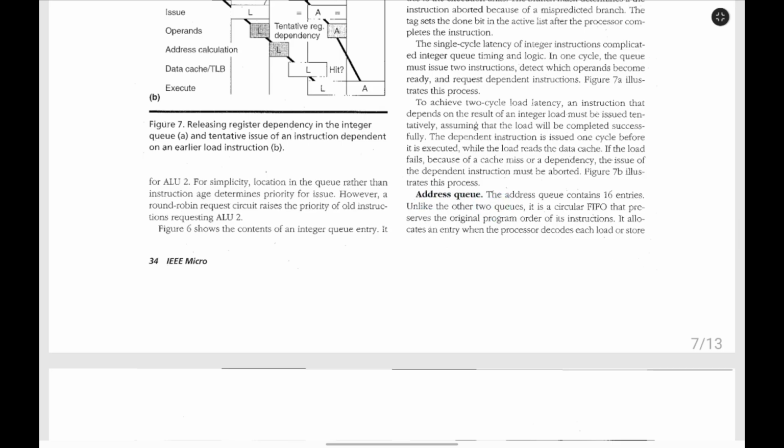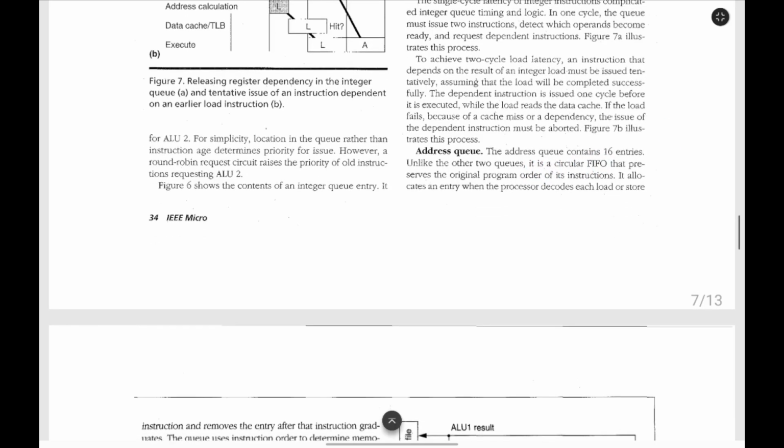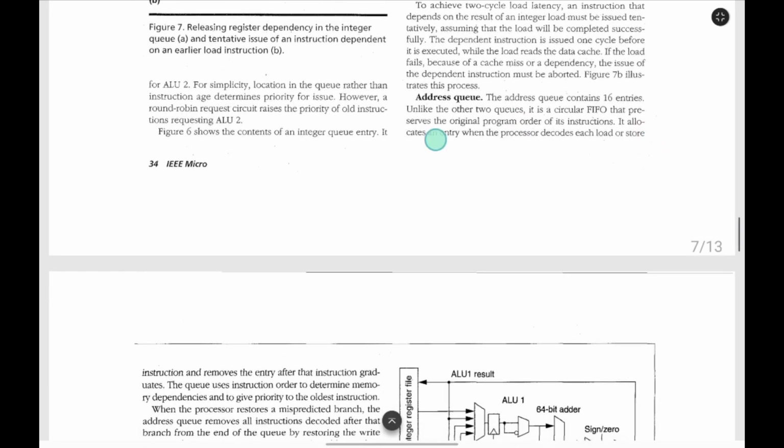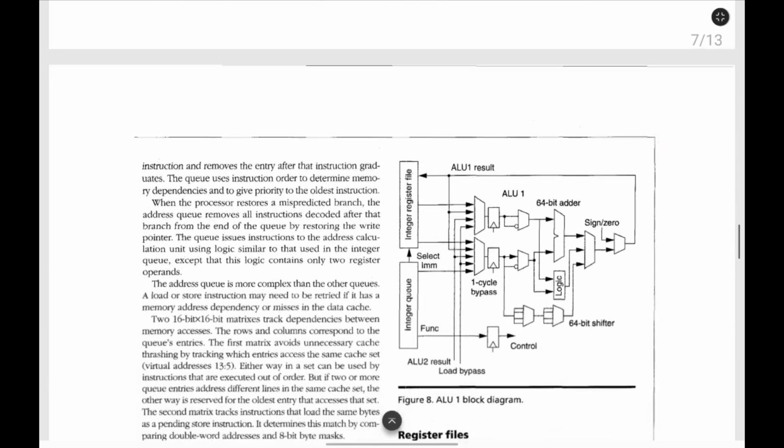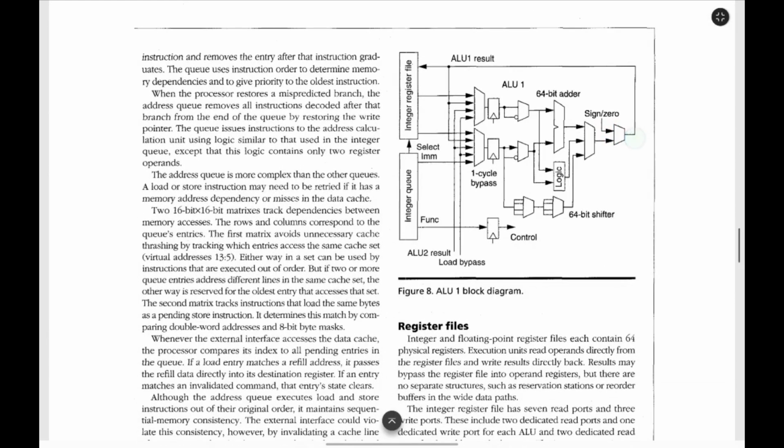The address queue. The address queue contains 16 entries. Unlike the other two queues, it is a circular FIFO that preserves the original program order of instructions. It allocates an entry when the processor decodes each load or store instruction and removes the entry after the instruction graduates.